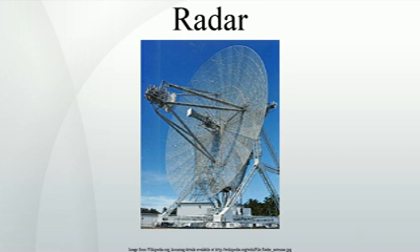Since a nautical mile is defined as 1,852 meters, dividing this distance by the speed of light, 299,792,458 meters per second, and then multiplying the result by 2 yields a result of 12.36 microseconds in duration.